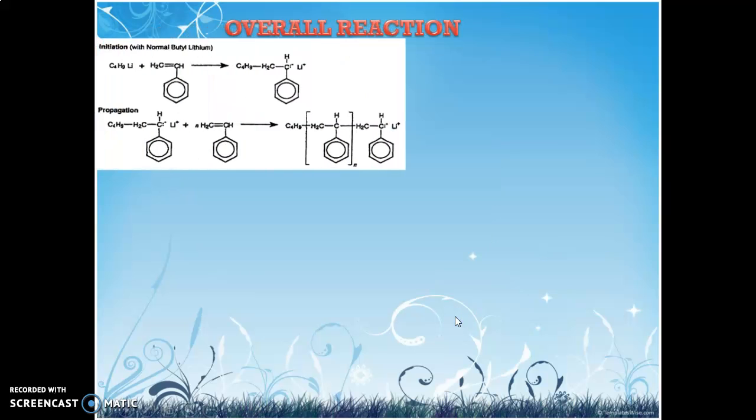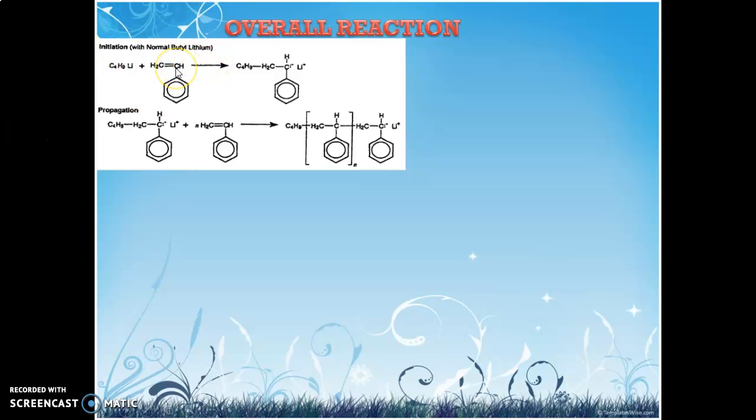Okay, overall reaction between butyllithium and styrene. So look at here, dia tulis macam C4H9 pun boleh. So C4H9Li will react with styrene monomer. And this is the initiation step.